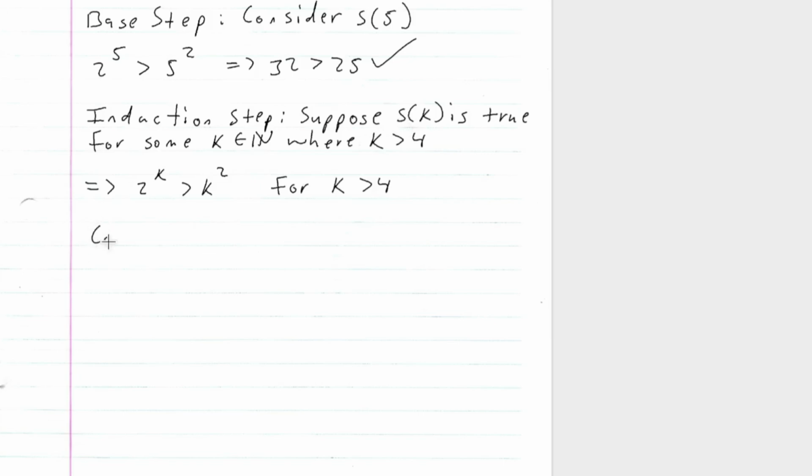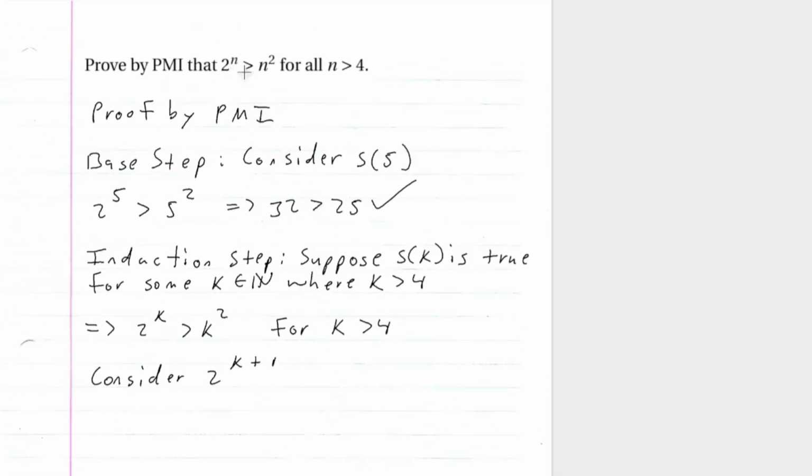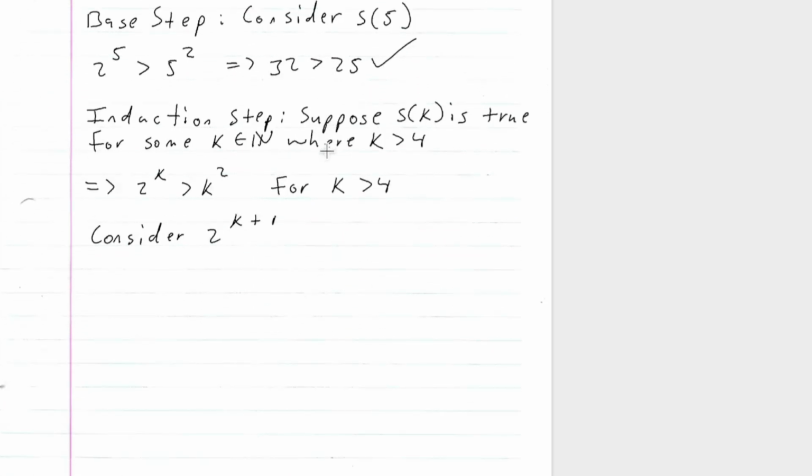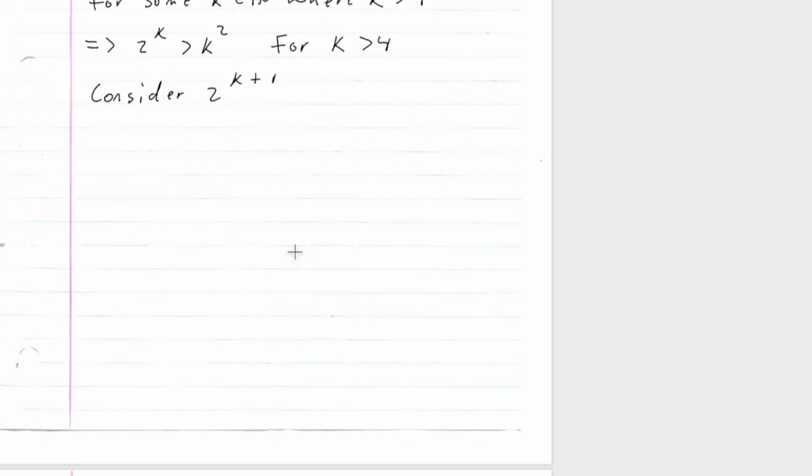So let's go ahead and consider 2 to the k plus 1. Remember, we want to prove that 2 to the k plus 1 is bigger than (k plus 1) squared. So I'm going to have (k plus 1) squared down here somewhere. Let me move this a little bit.